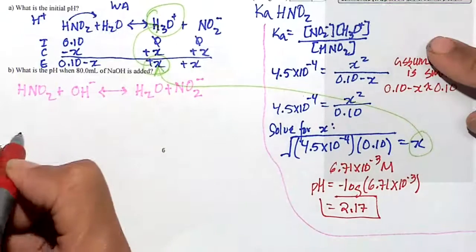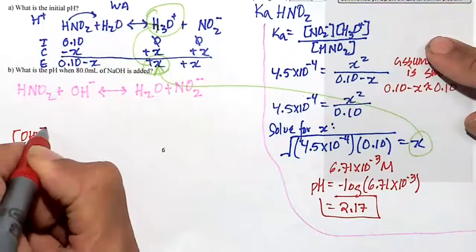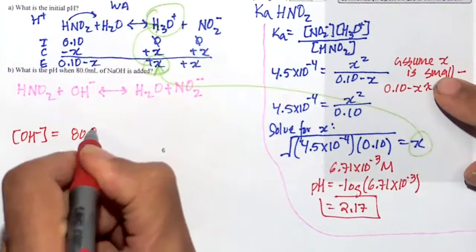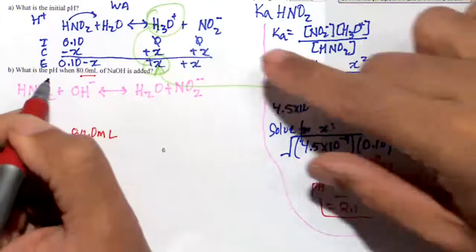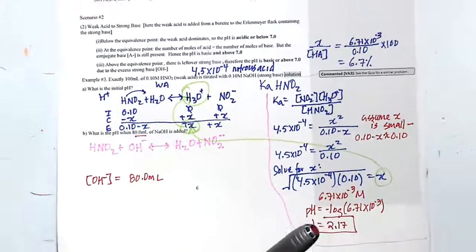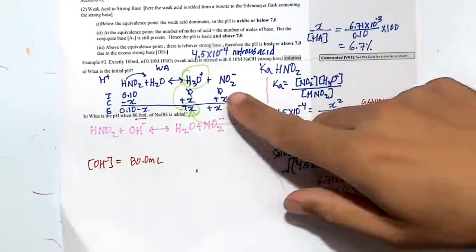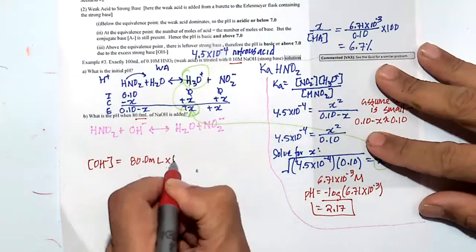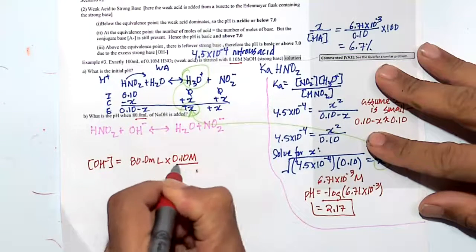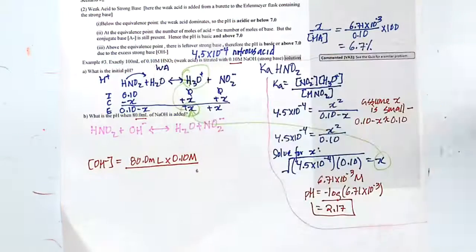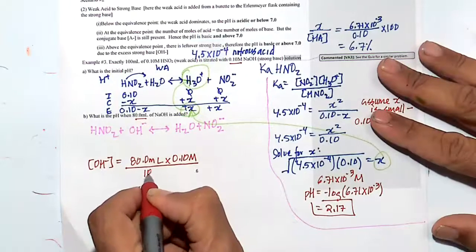And so here we have the concentration of OH minus. So we have 80 milliliters. What's the concentration of the bottle? 80 mils of NaOH. The concentration of the bottle is 0.10 molar. What's our final volume? 80 mils plus the 100 mils sitting here. So what's our total volume? 180 mils.